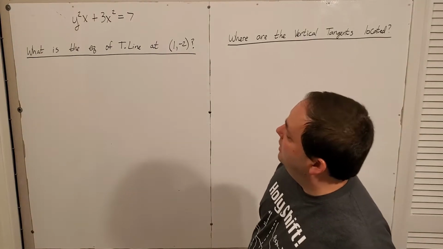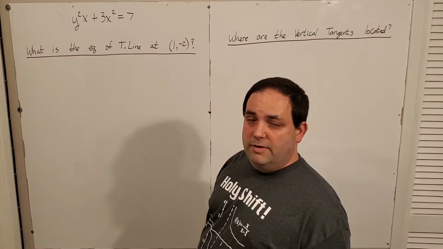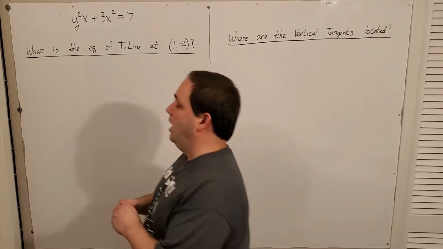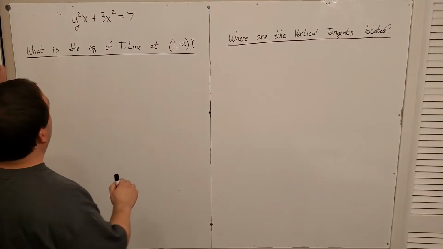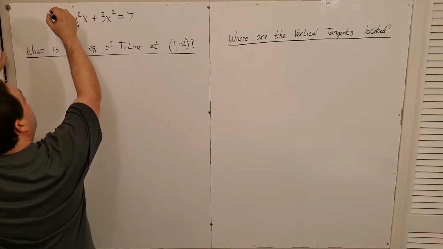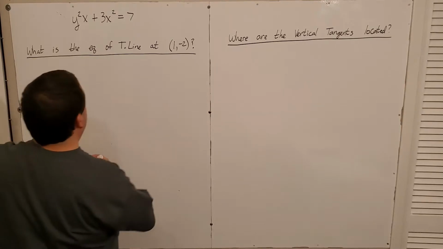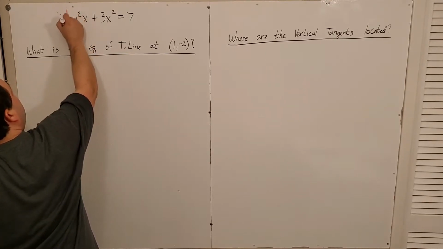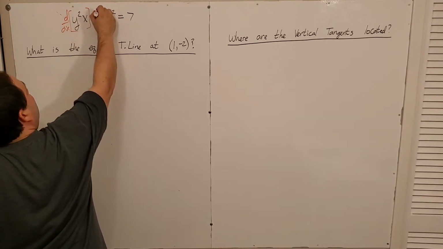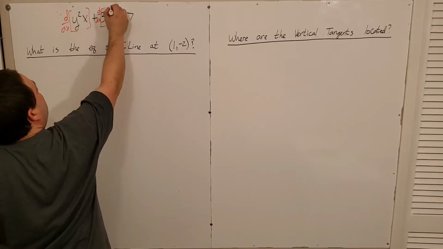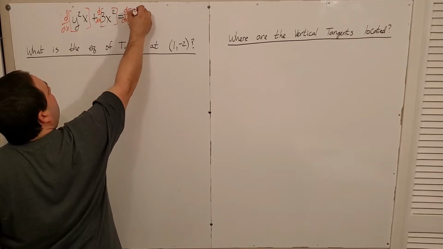Okay, so then let's start by finding our implicit derivative, dy over dx. I'll use y prime this time so that you can see the other way that some people like to write it. So I'm going to do my derivative on both sides here, right? So what that means is I'll be doing a d over dx of this, a d over dx of this, and a d over dx derivative of this, right?